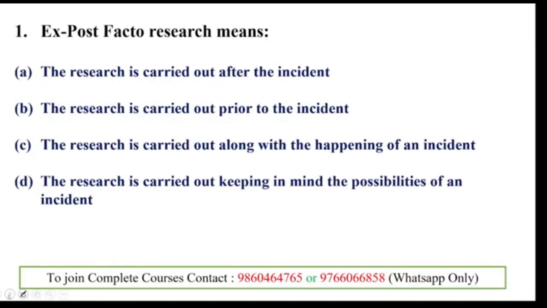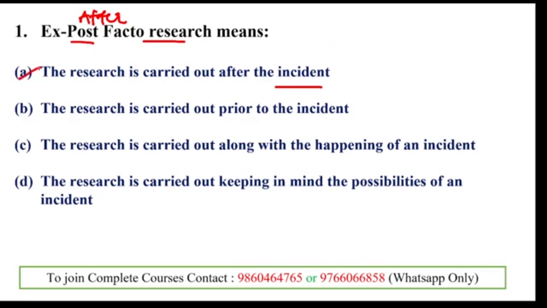Okay, we move to ex post facto research. It's a type of research that is conducted after the incident. So here the word post means after. You can easily relate the word post, and post means after the incident.